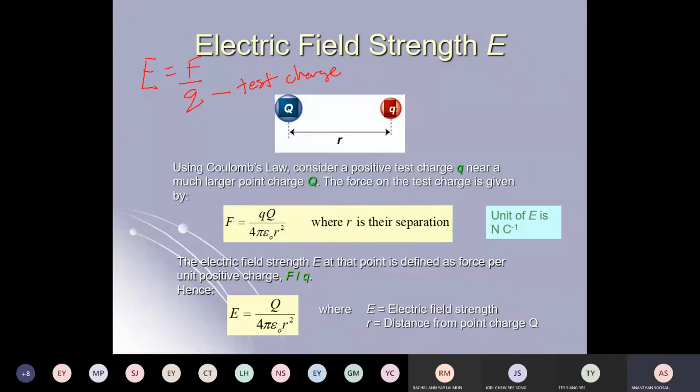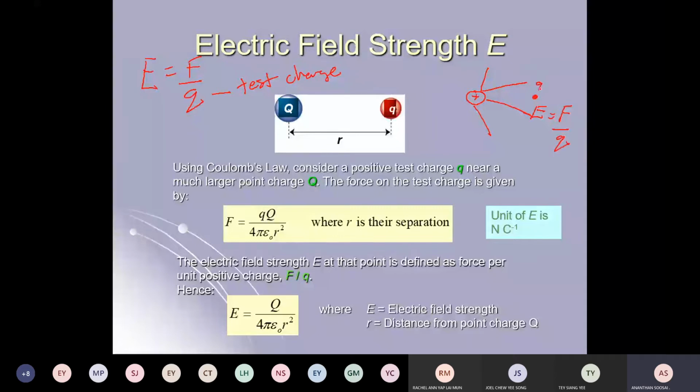Now we're going to find how the electric field strength will be for a point charge. Let's say you have a positive charge, and the field is going outward. I want to find the electric field strength at this point. It is still the force acting per unit positive test charge.